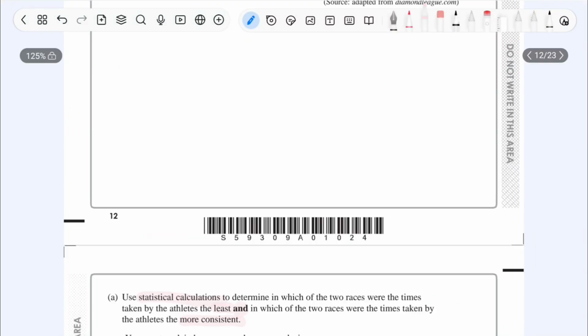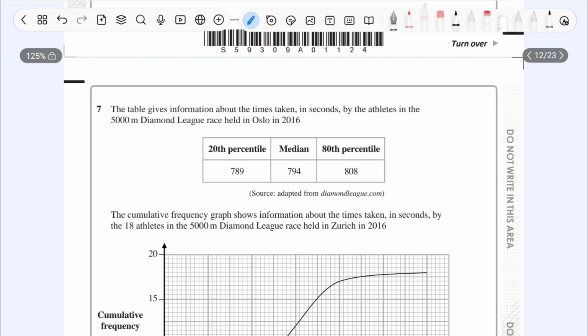So it might actually be useful for me to explain what this actually means. Percentiles. Now percentiles might look a bit daunting at first, but it basically holds the same principles as the lower quartile and the upper quartile, which we explored previously in the other question.